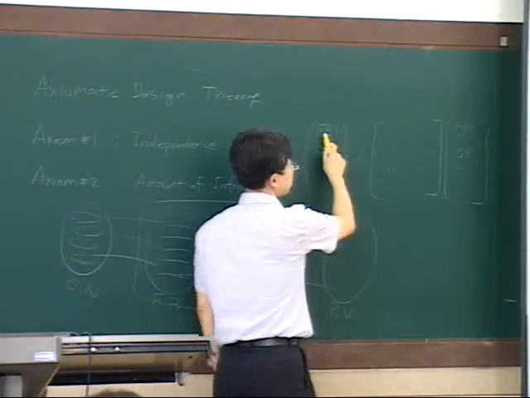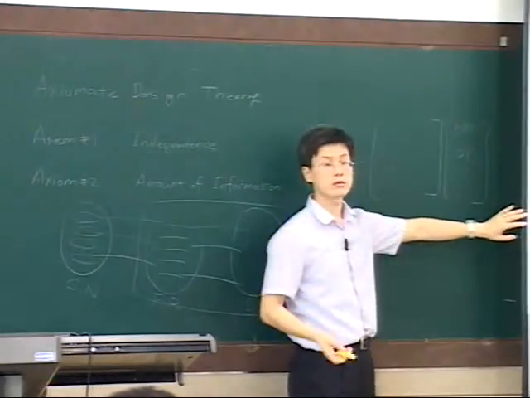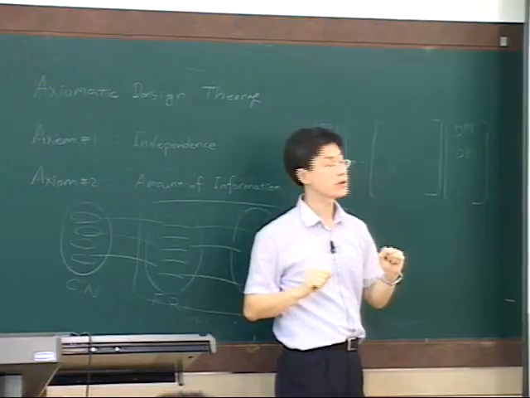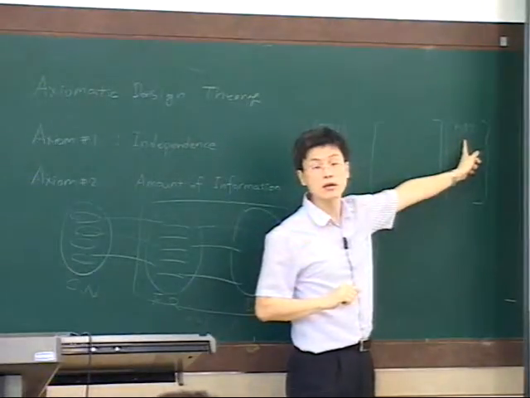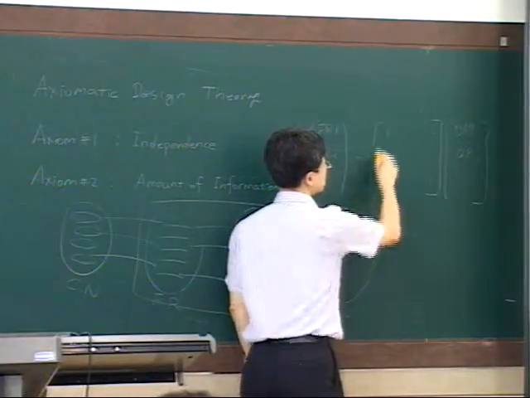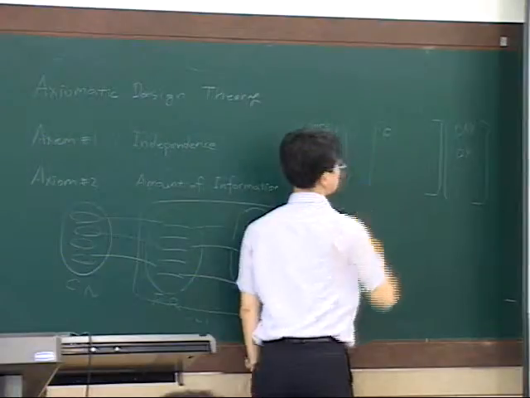And if a design parameter satisfies or is related, or in axiomatic design terms, coupled with design parameter 1, you can put a check mark or something like that.